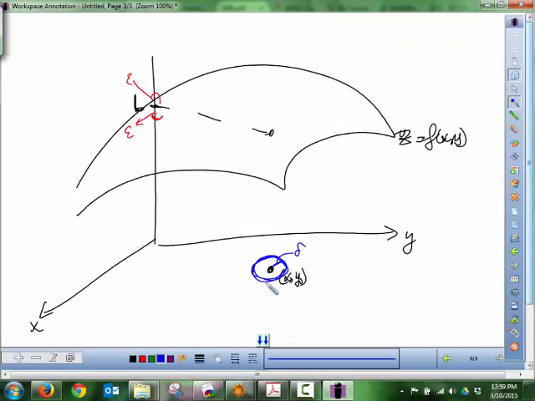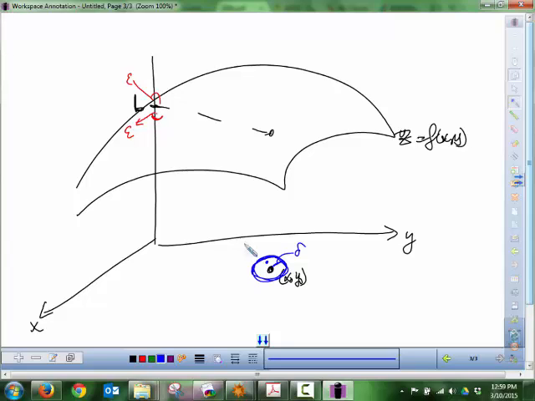So what that means is that I can pick any x value that's not exactly this x naught, y naught point, because if it was exactly x naught, y naught, then the difference would be 0, and I don't want that. And I want it to be less than delta, so I can't be on the circle itself. I want to be inside of the circle.